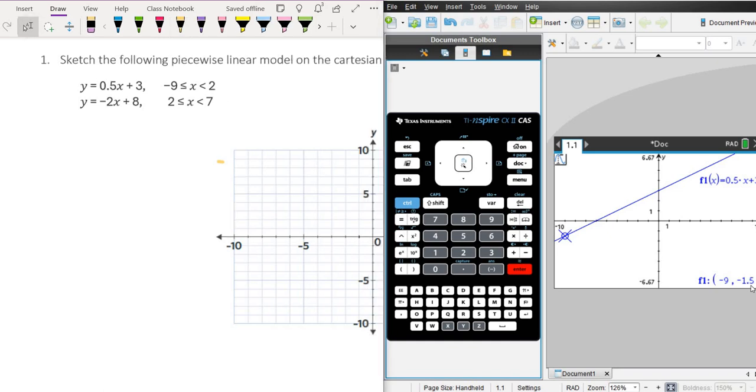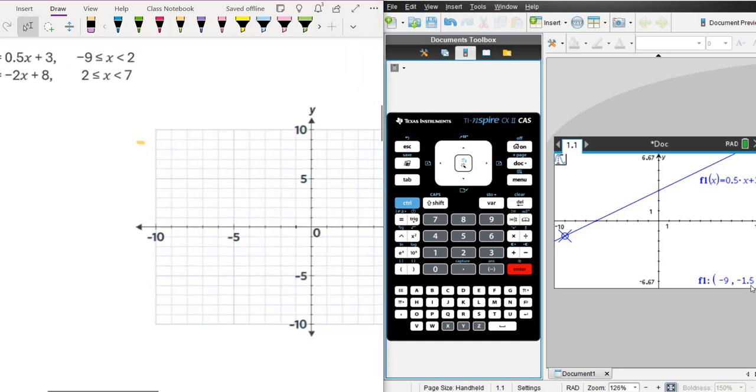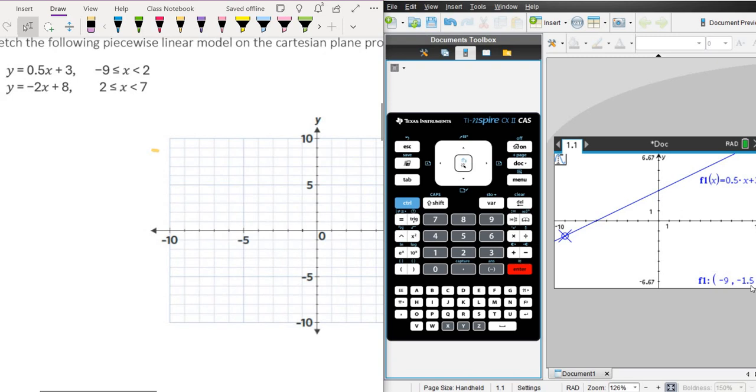And then we're going to find that point here on the graph. So let's do blue for this one and then maybe yellow for this one. We just pick that point, but you see this sign here, this means x includes, it's equal to -9. So we need to include this point as part of our graph.